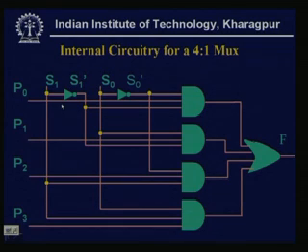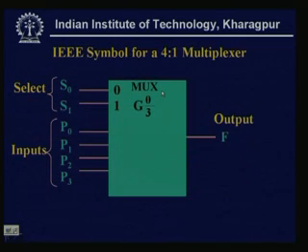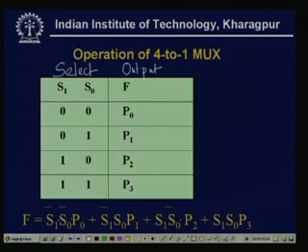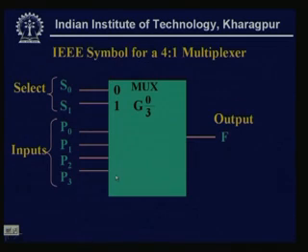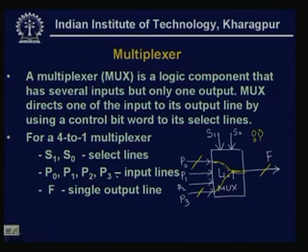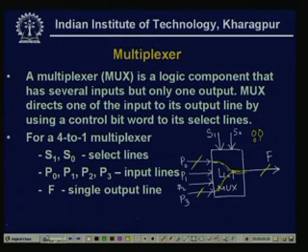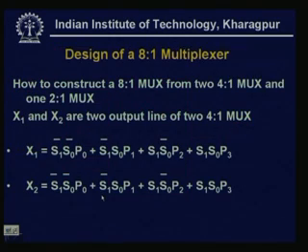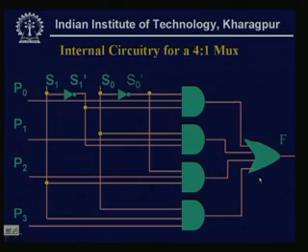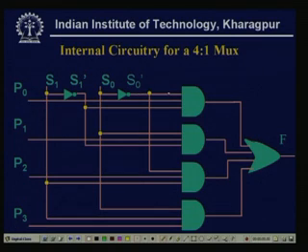Here, for the first AND gate, the inputs are S0 bar, S1 bar, and P0.